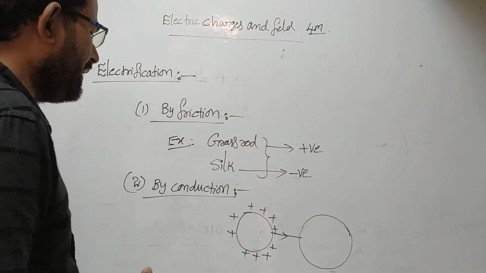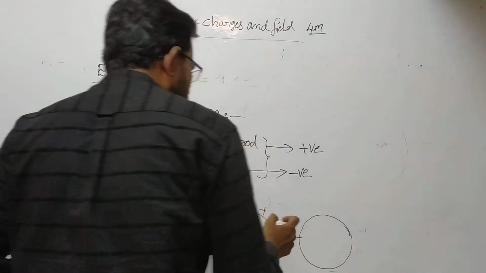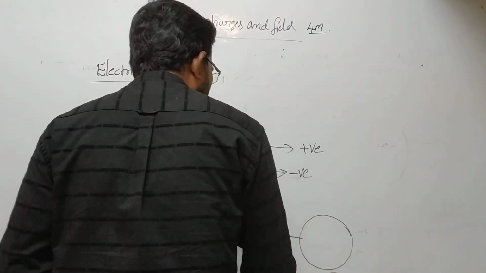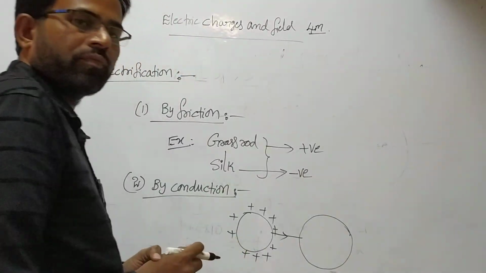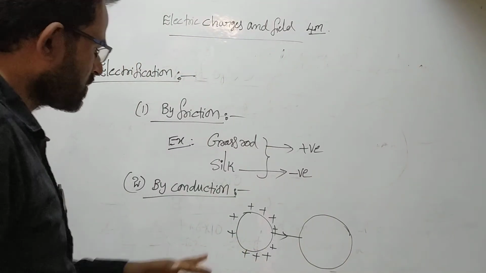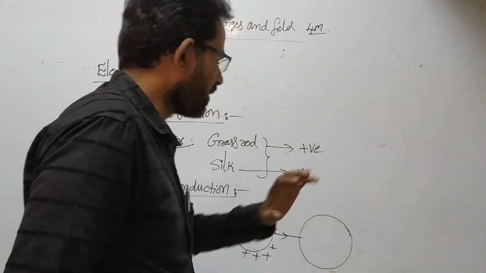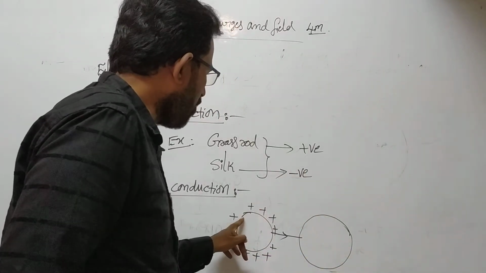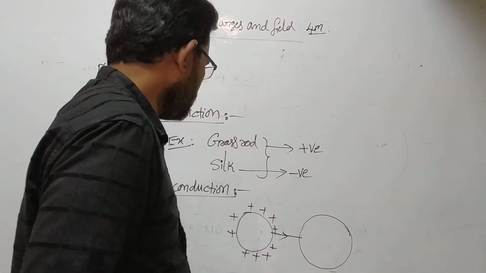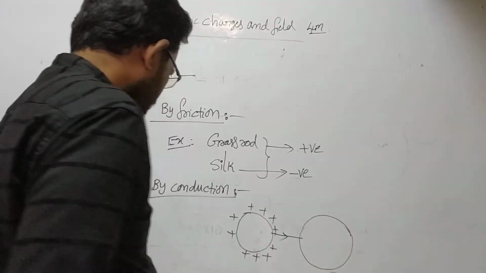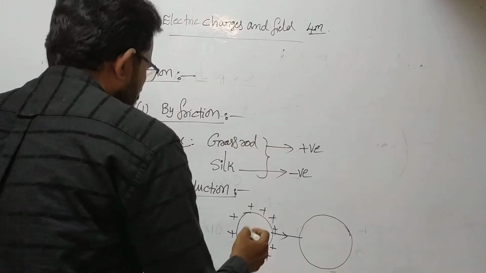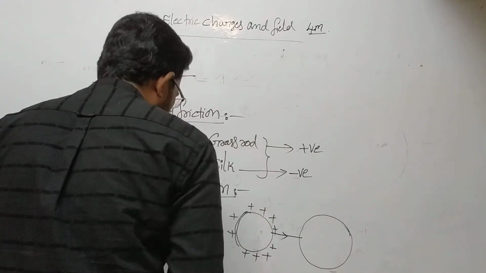When you connect them by a conductor, the charges are transferred from one body to the other body. By conduction means you take one charged body. Here you take a negative charged body.